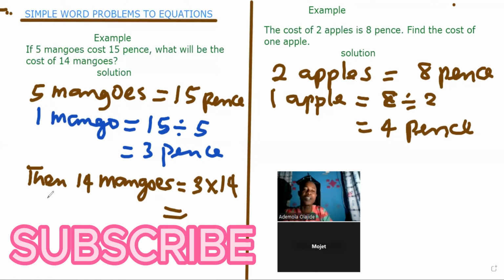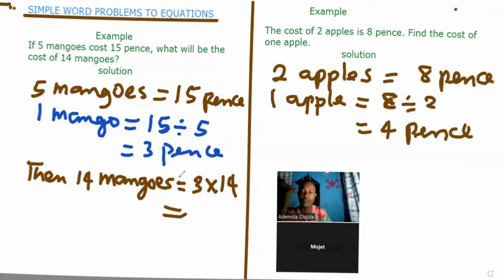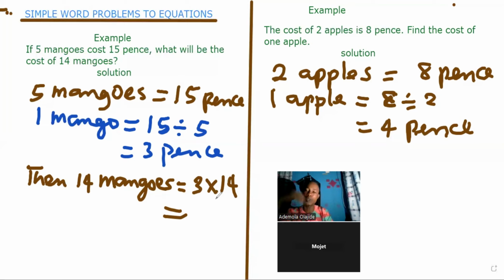Then they ask what was the cost of 14 mangoes. Definitely, if you buy one mango for 3 pence, for 14 mangoes you are going to spend more than 3 pence. So since it is more, you multiply. If you want to reduce, you divide. If you know that you are going to pay more, you multiply. So it will be 3 times 14.